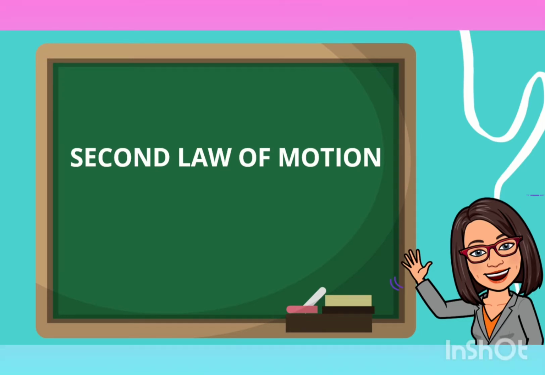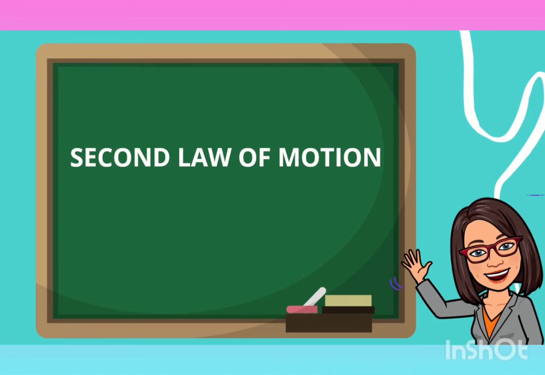The first law explains what happens in the absence of external forces. There is no change in an object's motion. But when an object speeds up, slows down, or changes direction, then there must be an external force acting on it.